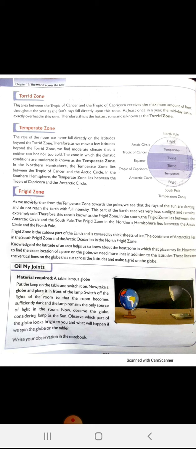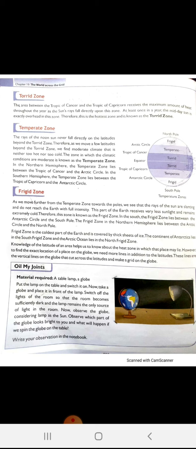So you see the southern hemisphere, the Antarctic Circle, and between it and the South Pole, that area is the frigid zone. And in the northern hemisphere, it is between the Arctic Circle and the North Pole. The frigid zone is the coldest part of the earth.